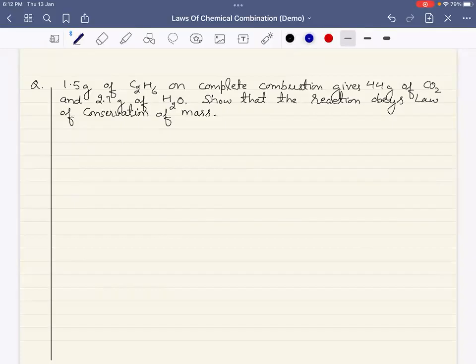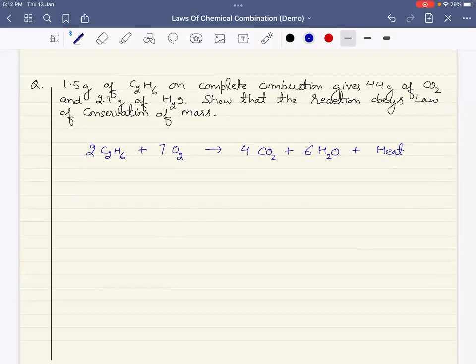Now let us solve the problem. We are given that ethane, that is C2H6, on combustion, means on reacting with oxygen, gives us carbon dioxide, CO2, plus water plus heat. So let us balance the reaction. There will be 7 oxygen and 4 CO2, 6 H2O.